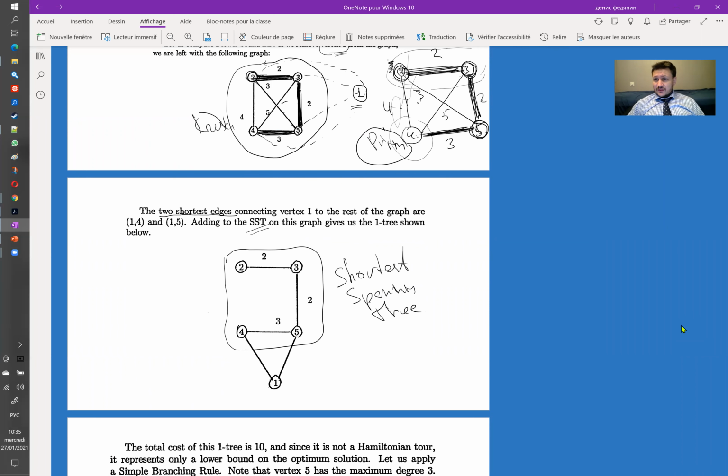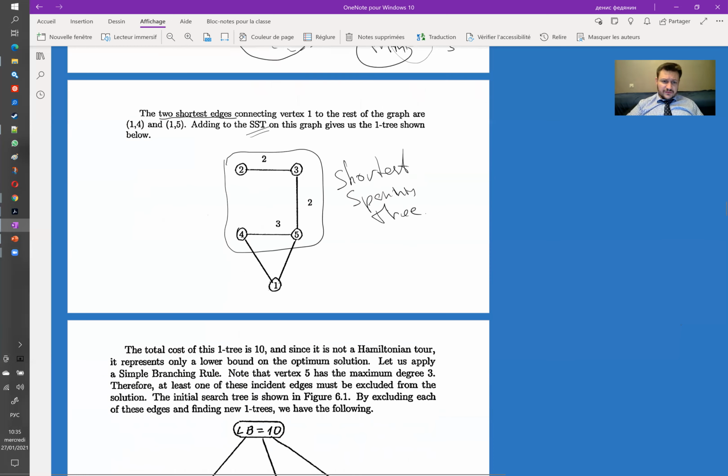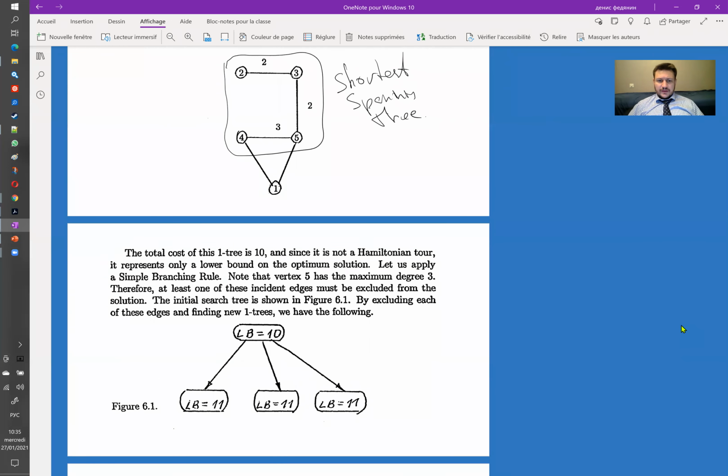We need a cycle, a Hamiltonian cycle. This one is not a Hamiltonian cycle. And this is the problem when we have subproblems and we successfully solve them: how should we use this solution in the larger one? And there is a way. So we have the lower bound here, and we have lower bounds in the smaller problems.